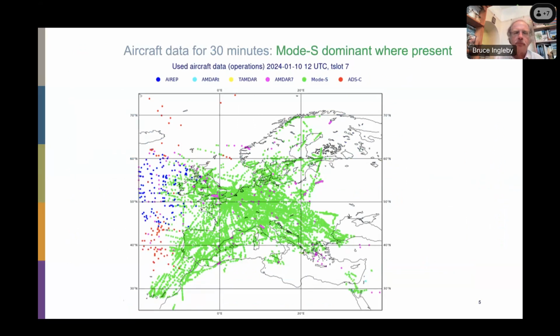This is just a plot of the data for 30 minutes. The bottom line is that where we've got Mode S receivers, it really dominates the aircraft and to some extent the upper air data coverage.